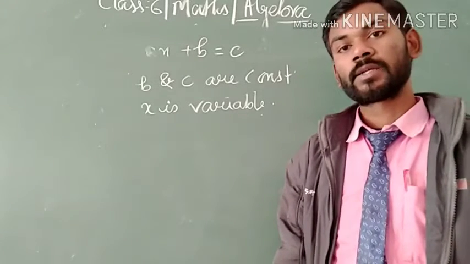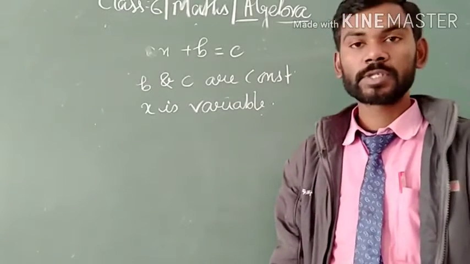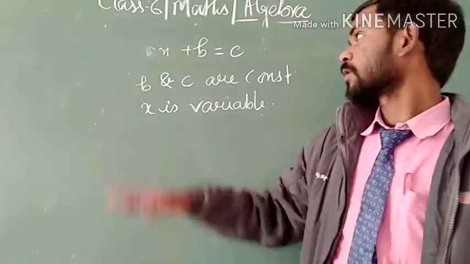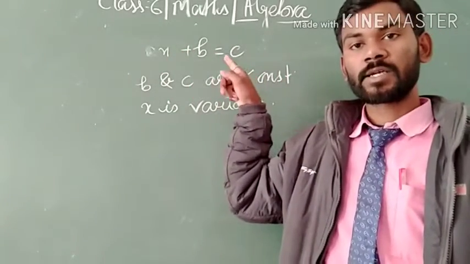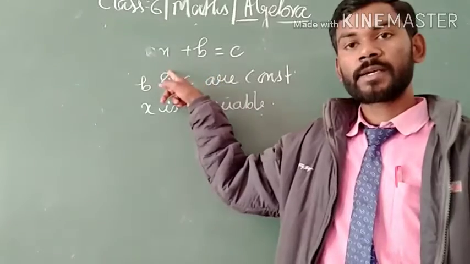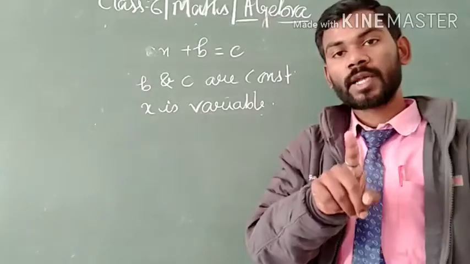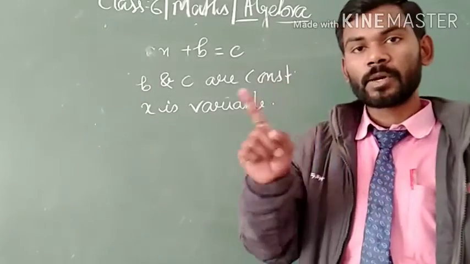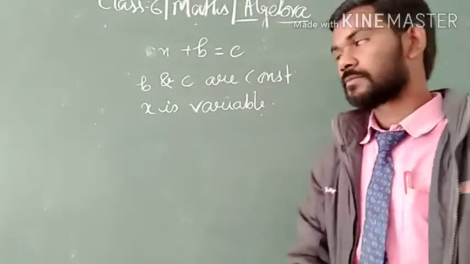Therefore, we apply the operation which will be the opposite of the given operation in the question. Here we can see that b has been added with x. Therefore, we shall subtract b from the left hand side as well as the right hand side.